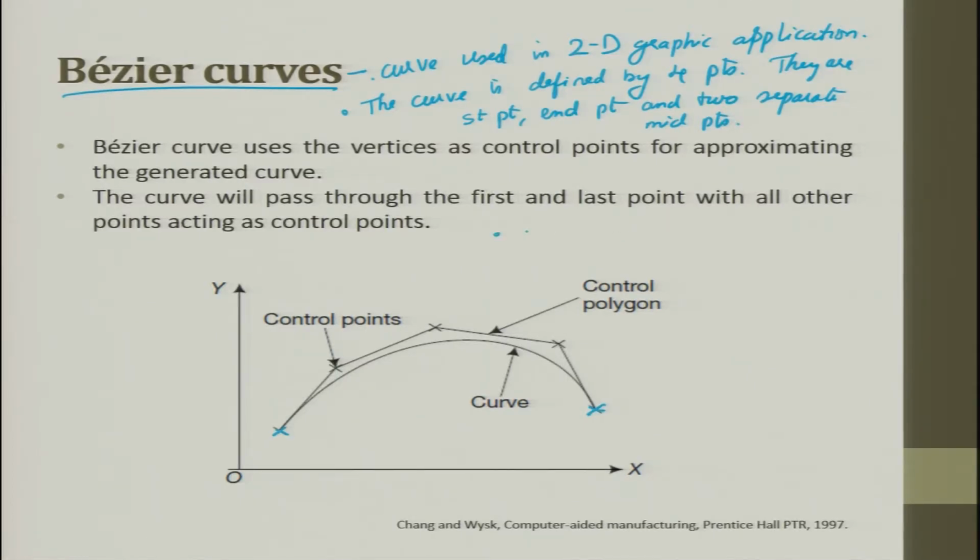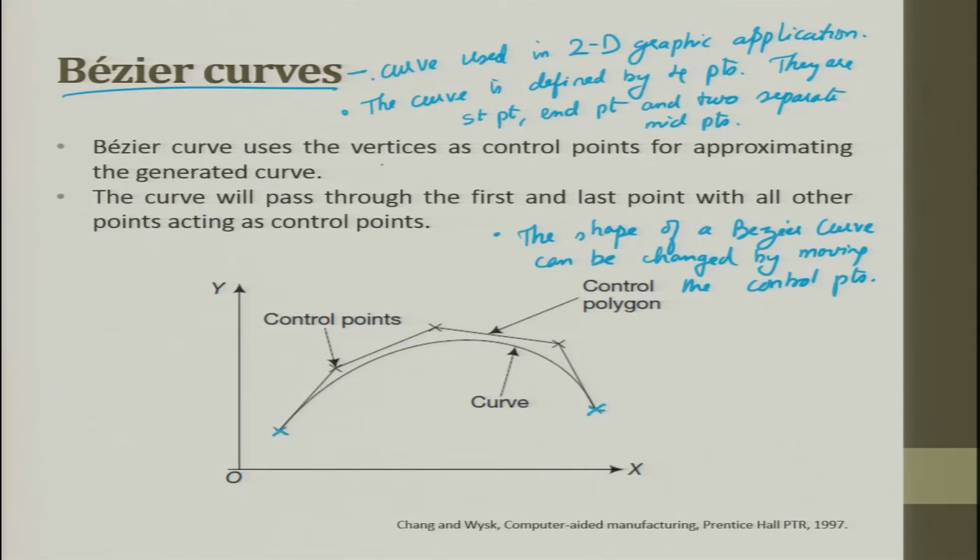Okay. The third thing is the shape of a Bézier curve can be changed by moving the control points.